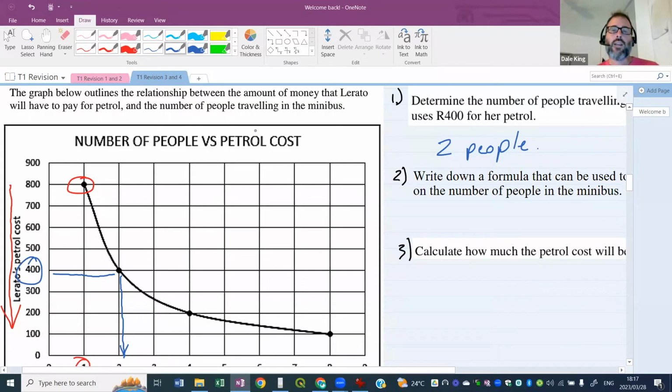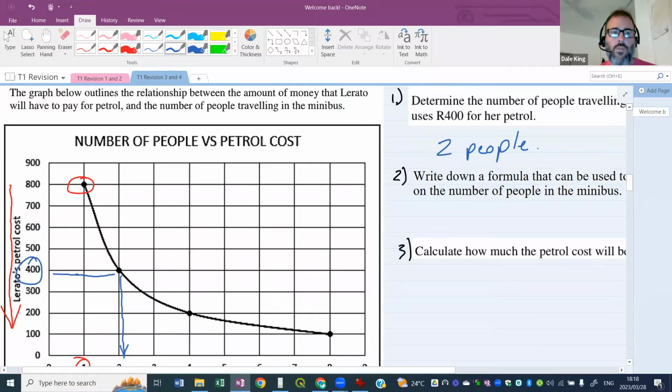Now, just something about this type of question where they're actually hinting that you should use the graph. They could have used different words. They could have said, use your graph to determine the number of people. They didn't. Maybe you guys can see the relationship already. Maybe you're looking at the graph, or maybe you've got an equation in your head. They just said determine. All right. Be careful if the question says use your graph specifically. If they're saying use your graph specifically, then you see the blue ink that I've put on the graph.